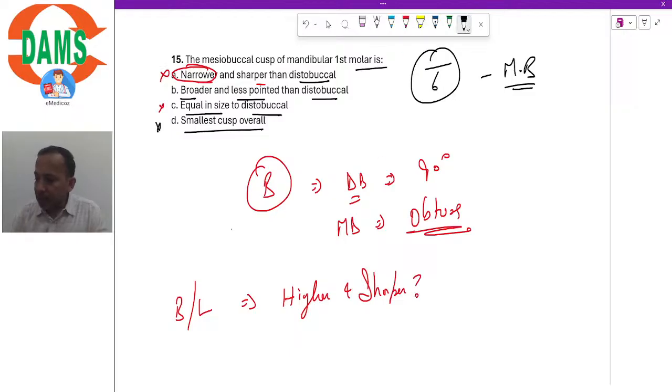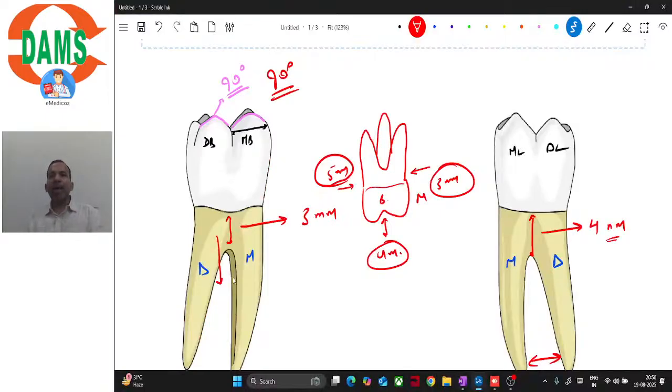Option A is buccal cusp, option B is lingual cusp. Easy, isn't it? Lingual cusps. Very good. So lingual cusps are both higher and sharper.